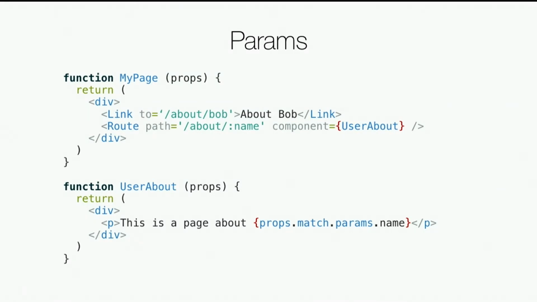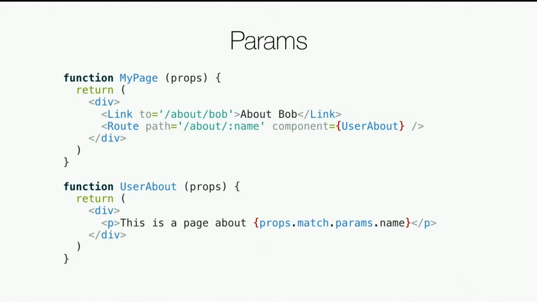Another thing you can do through URLs is give parameters to the URL so you can get additional information. For instance, you can see in the route component that we've got in the My Page component there, the path that we're trying to match is /about and then /:name. That basically means for that route, it's going to match when I have exactly /about, and then /something.